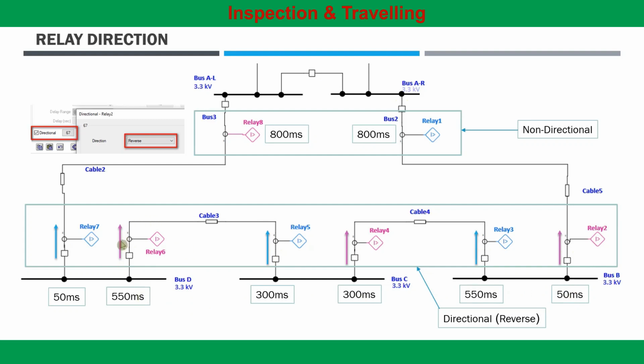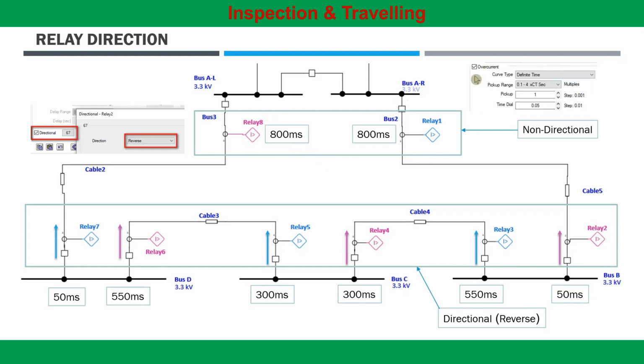Once the incoming relays of the ring main system are coordinated, they can be coordinated with the upstream protection relays. Considering a 250 millisecond coordination time interval between two relays, which can be relay 6 and relay 8 or relay 3 and relay 1, both these non-directional relays can be set at 800 millisecond.